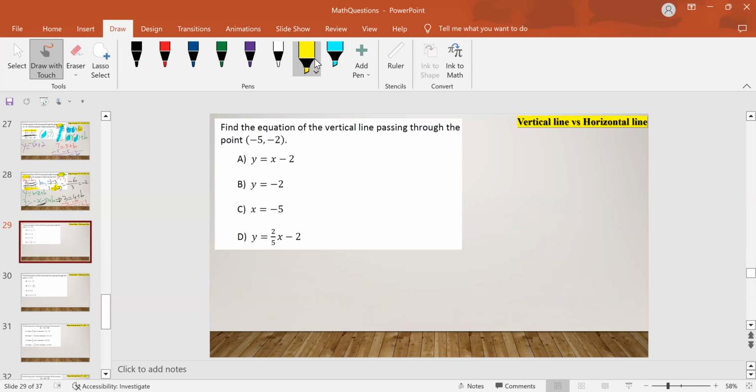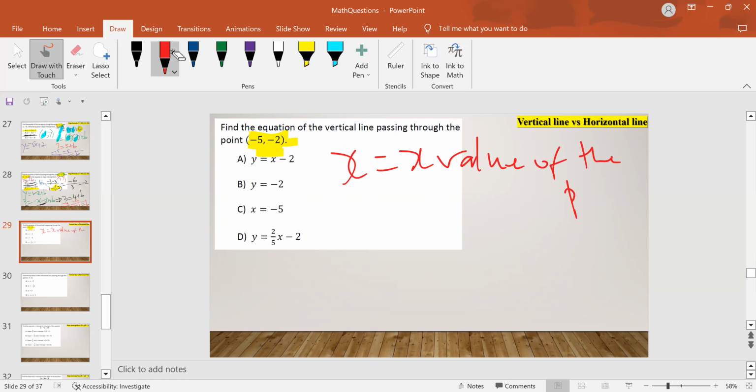Okay, this question: find the equation of the vertical line passing through the point. When they give you a point with a coordinate like here and ask for a vertical line, please just write this: x is equal to the x value of the point.